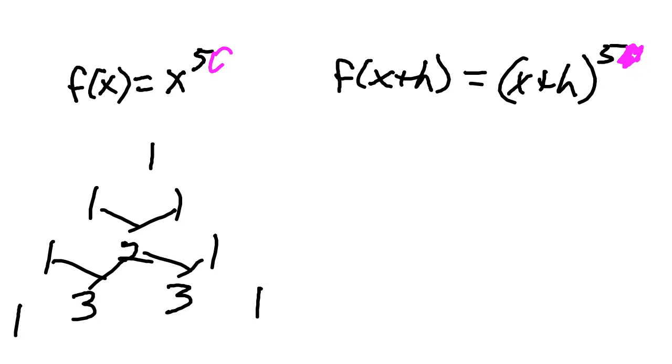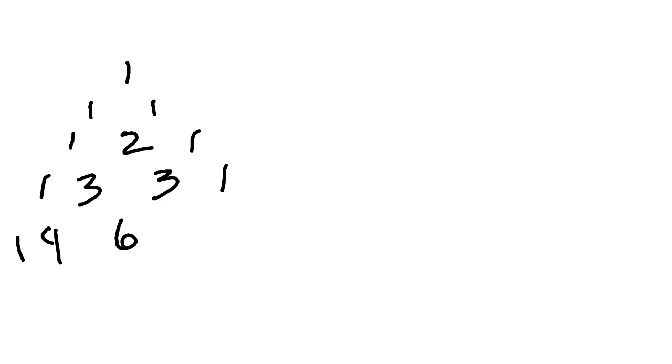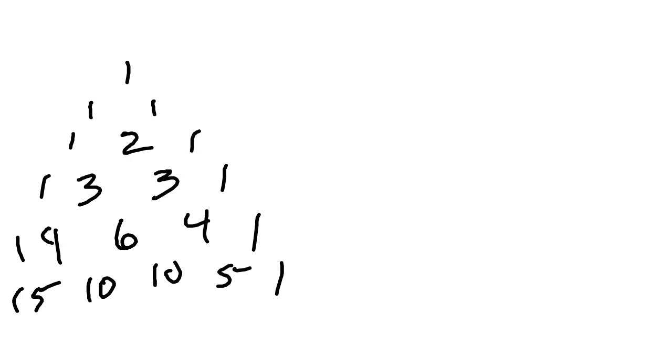And so let me start over, write this a little bit smaller. 1, 1, 1, 1, 2, 1, 1, 3, 3, 1, 1, 4, 6, 4, 1, 1, 5, 10, 10, 5, 1.